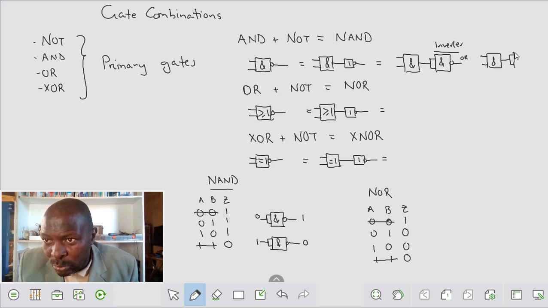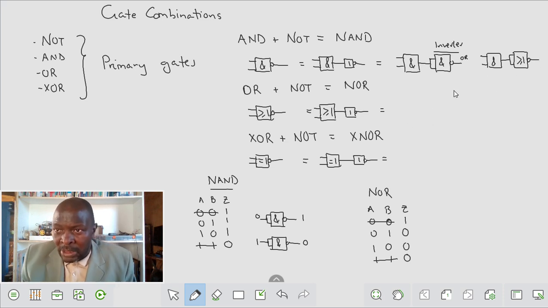Remember, this is true even for more than 2 inputs. Even if it was a 3 input NAND gate, or 3 input NOR gate, it will still give us inverters, if the inputs are wired together. So I could use a NAND as an inverter, or I could use a NOR, as long as the inputs are all wired together.